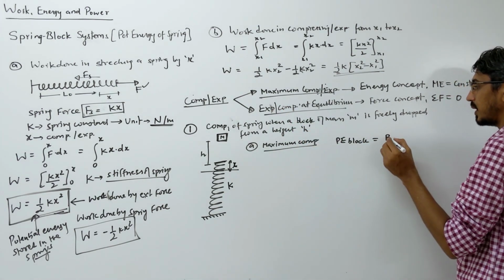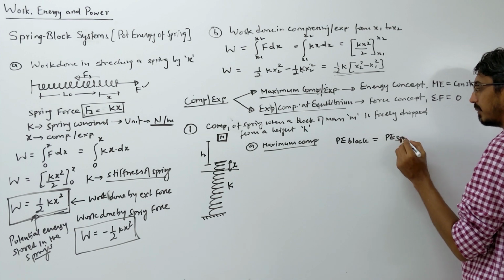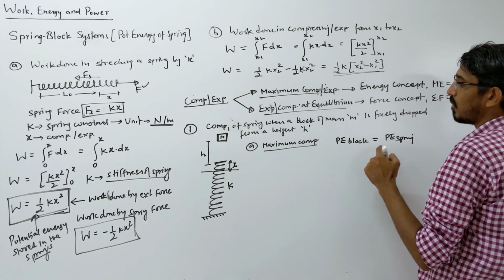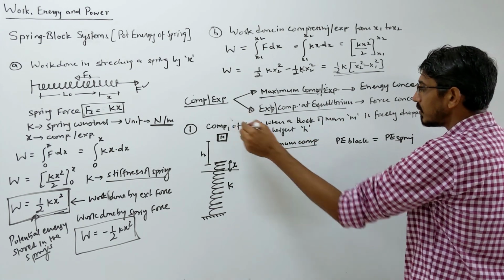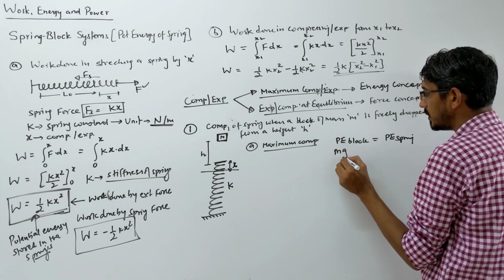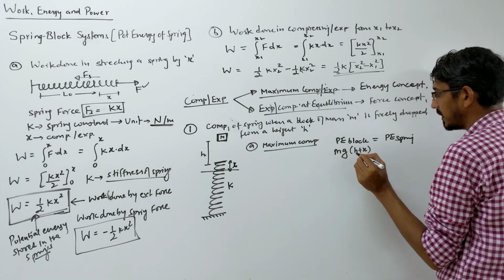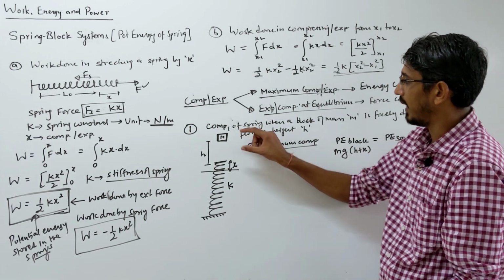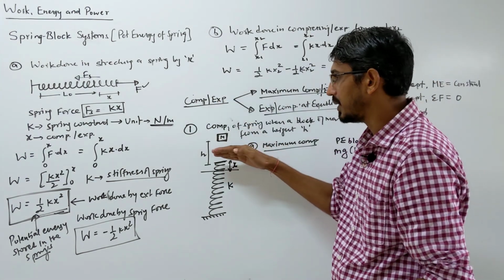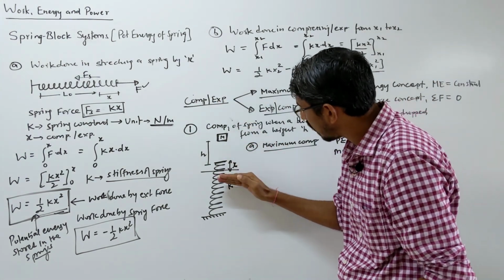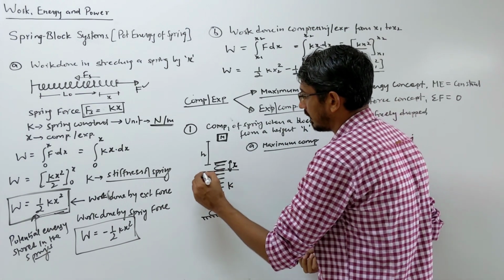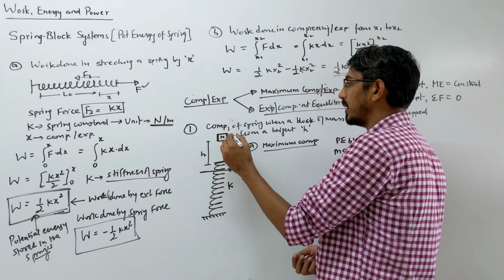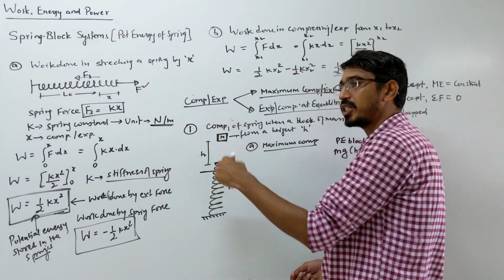So the potential energy of the block is converted into the potential energy of the spring. The block's energy is m g (h plus x). This is very important, not only h: we drop from height h, but the block also compresses the spring by some amount, so the total distance is h plus x.